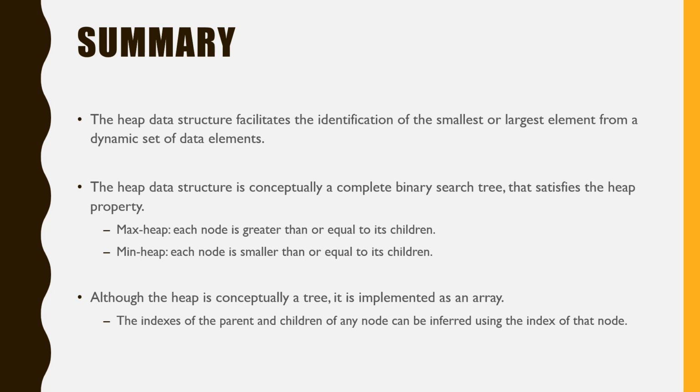Thanks to the heap property, the best element is always located at the root and can be retrieved in O(1) time. In the next video, we will dive deeper into the details of the insert, delete best, and construct operations, along with analysis of their time complexities.